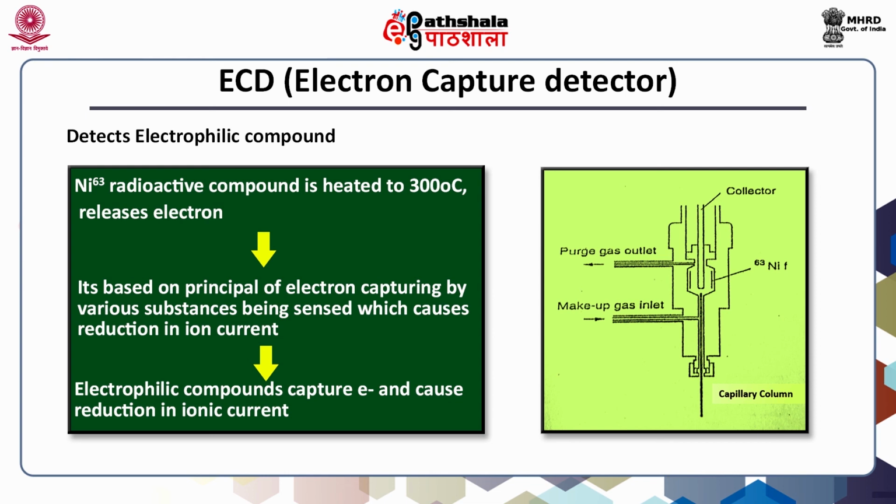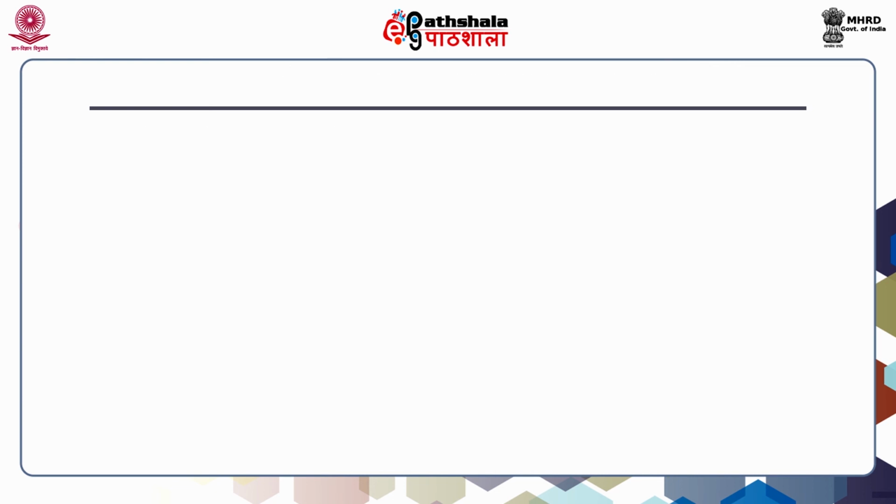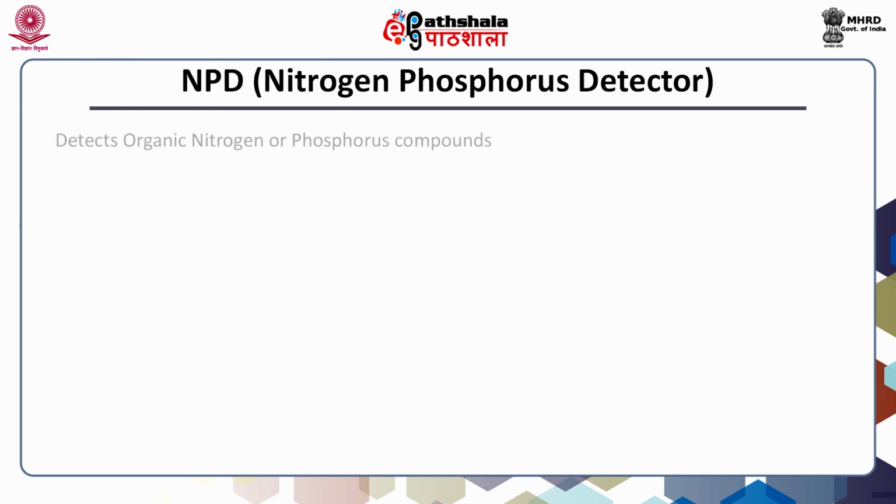As I said in my previous slides also, the choice of detector lies with the user, depending on what type of compounds he or she wants to separate or elute. This detector is very commonly used for compounds containing nitrogen and phosphorus.